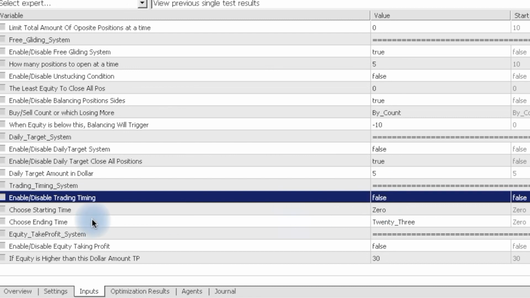Now the next portion, which is trading timing. I want to only trade when the Asian market trades. So I specify the time.